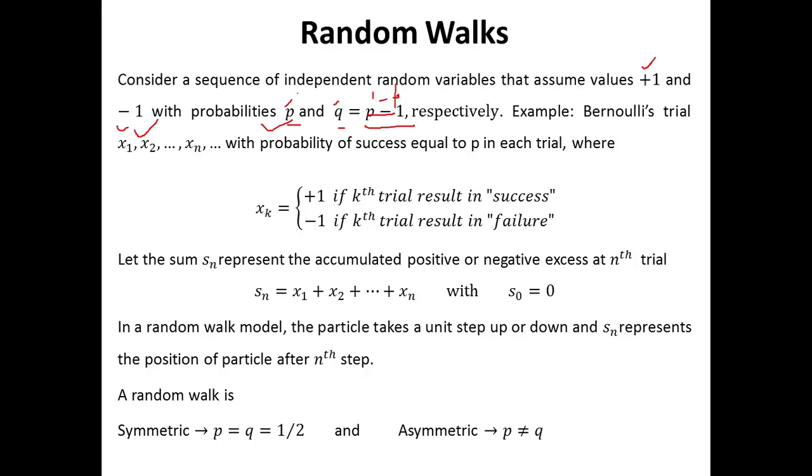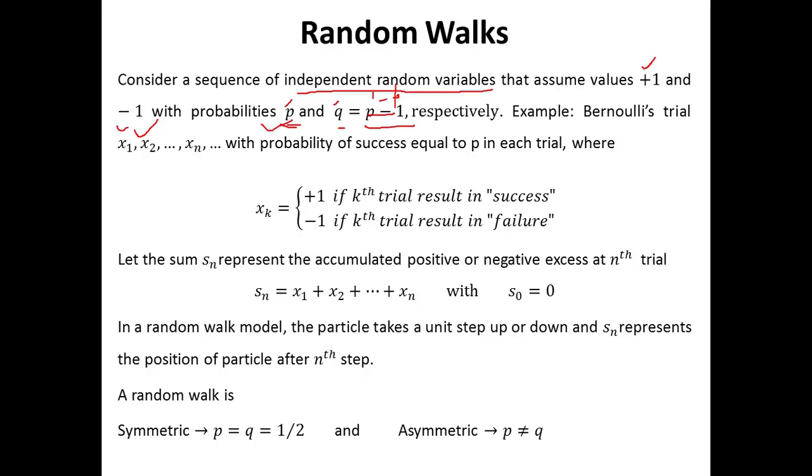And this random variable is actually moved in a particular direction with +1 whenever success occurs, and it will move in -1 whenever failure occurs.